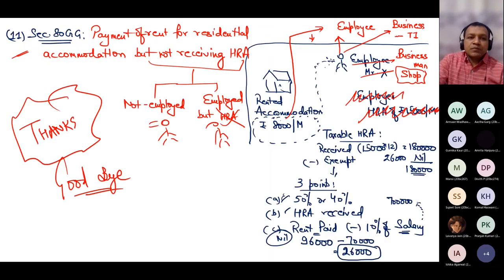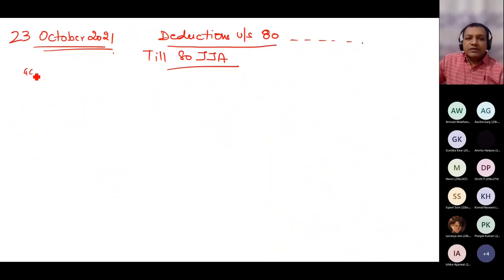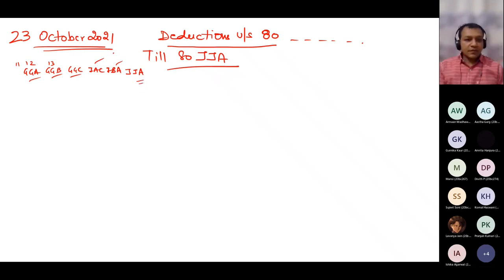Earlier we covered 80GGA, 80GGC, then 80H, 80IA, 80IAC, 80IBA. So now it will be serial number 11, 12, 13, 14, 15, 16, 17, and the 18th deduction now.